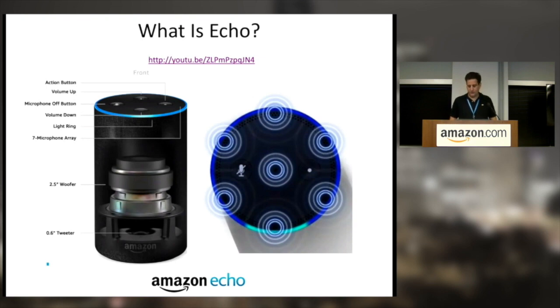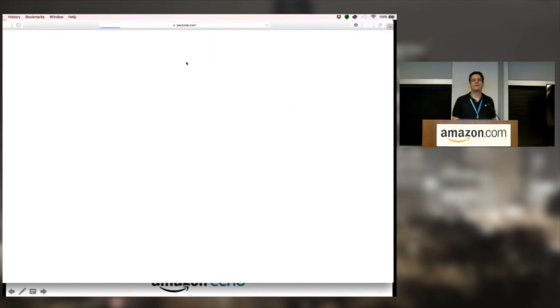You can manage your to-do list, set alarms, set timers, ask for the weather, for traffic reports. You can call people or send messages hands-free. You can create shopping lists. You can ask any general question. Alexa, she knows a lot of things. If you have automation, you can control your smart house with Alexa and many, many more things. So let's start with a short clip that shows all of that.